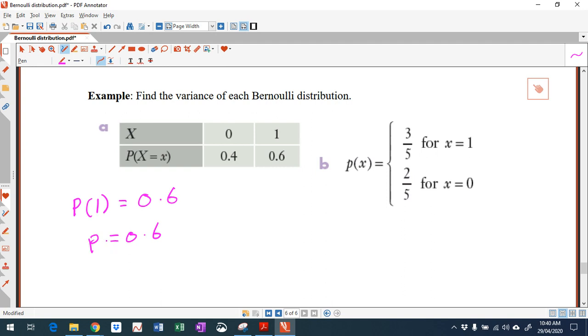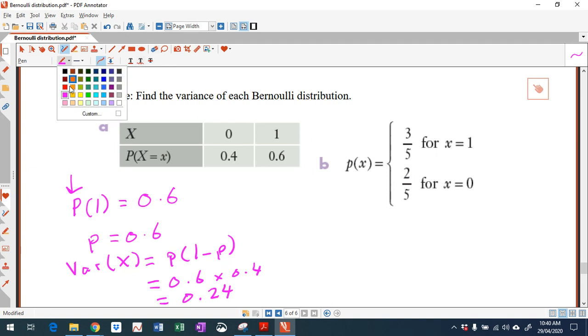That's a capital P for probability, and that's a lowercase p there, so we can use that for our variance formula. Variance is p(1 minus p), which is just 0.6 multiplied by 0.4, which is just 0.24.